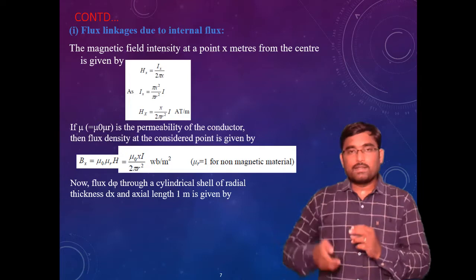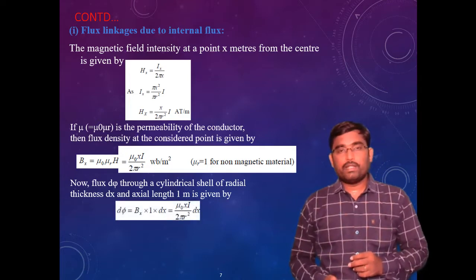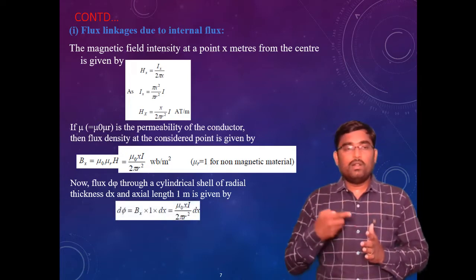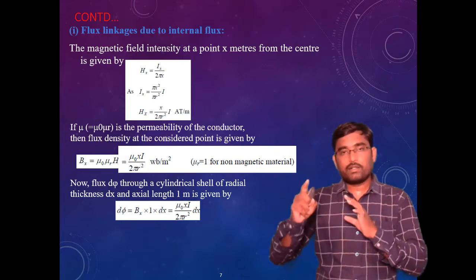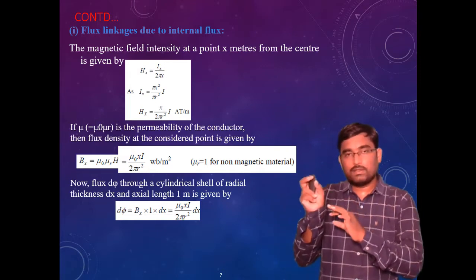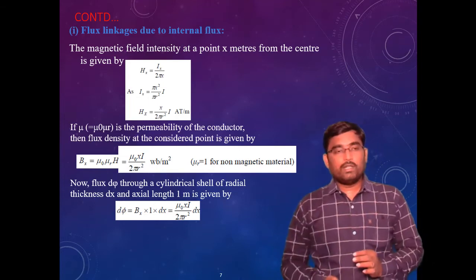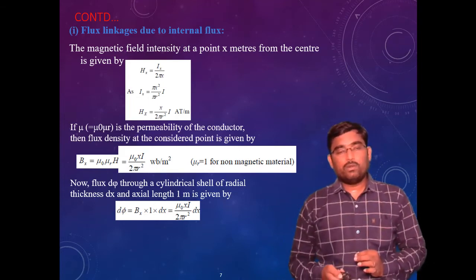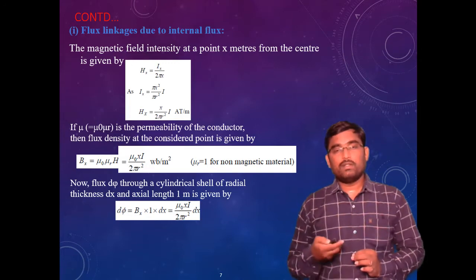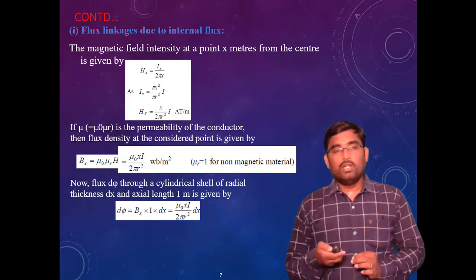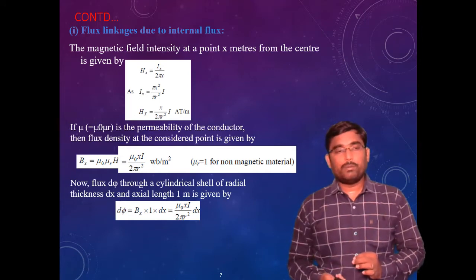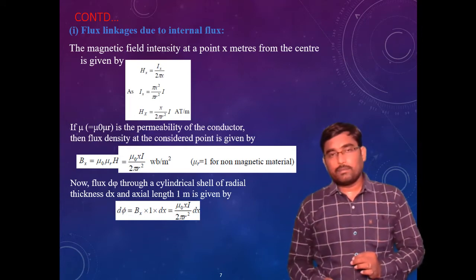That part of flux is dφ equals flux density into 1 into dx, where 1 is the axial length of 1 meter and dx is the thickness of the cylindrical shell. So dφ equals Bx into 1 into dx. Keeping the expression of Bx here, we get dφ equals μ0 into x into I by 2πr² into dx.